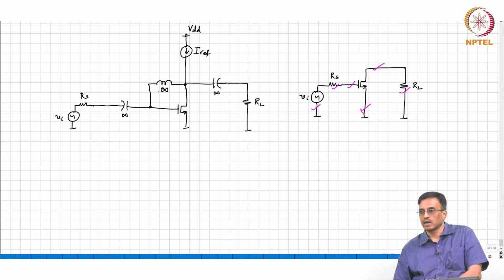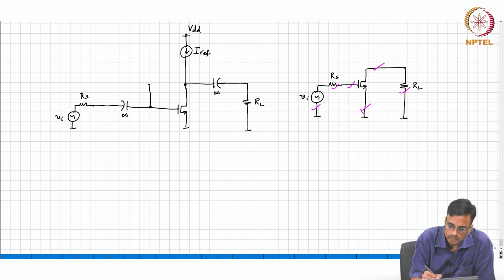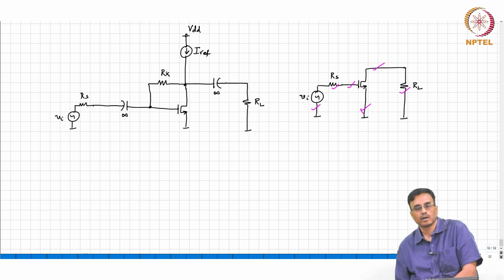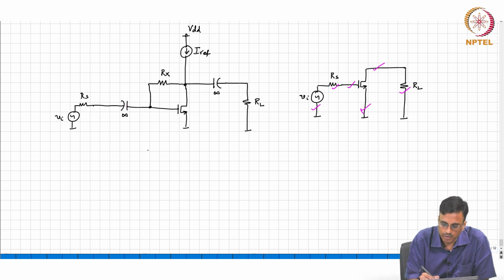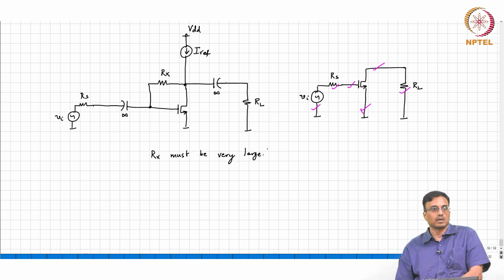So, what comment can we make? Any suggestion? Well, you put a high value of resistor. Okay. All right. So, now what is the meaning of, so Rx must be large, so the question is large compared to what?